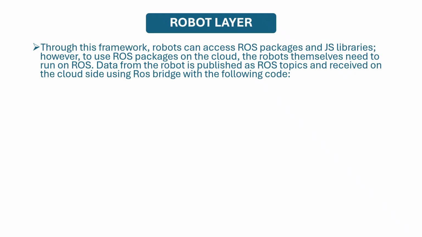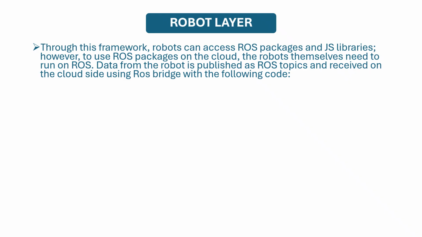For using the ROS packages, robots need to run on the Robot Operating System. Firstly, the robot should be operated on ROS, and hence the cloud provides the corresponding ROS packages to the robots. So data in the form of input from the robot, because the robot is providing the data, is published on the cloud as ROS topics.